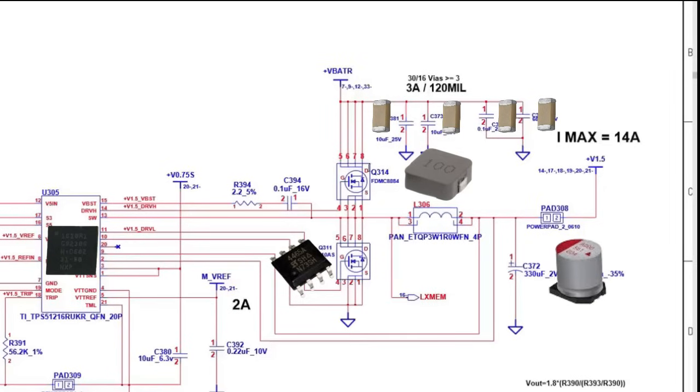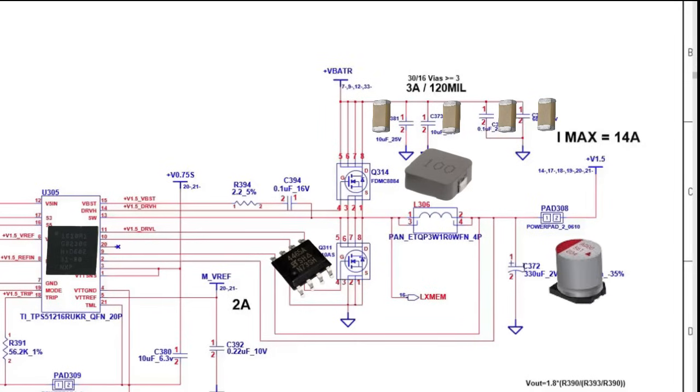But when you remove this MOSFET and the inductor is still shorted to the ground, means those ceramic capacitors and the VBAT or 19 volt power rail are good, means you have a problem here.